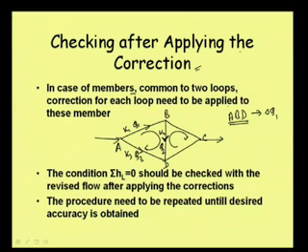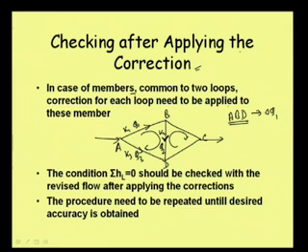In this loop, while calculating the correction, as the flow here is clockwise, we consider k1 q1 square positive. Here also it is clockwise, since our loop is this one, so k2 q2 square is also positive.